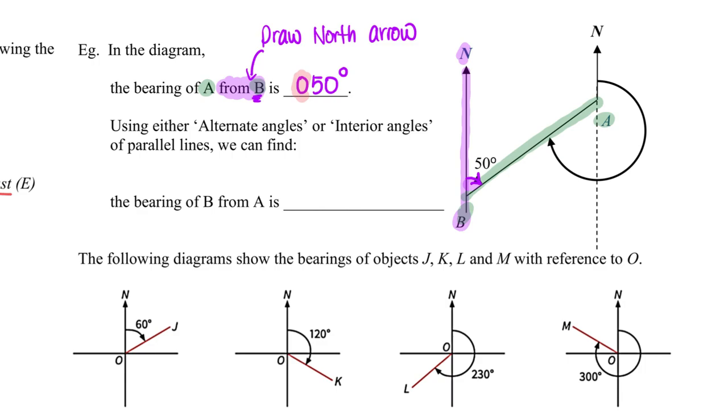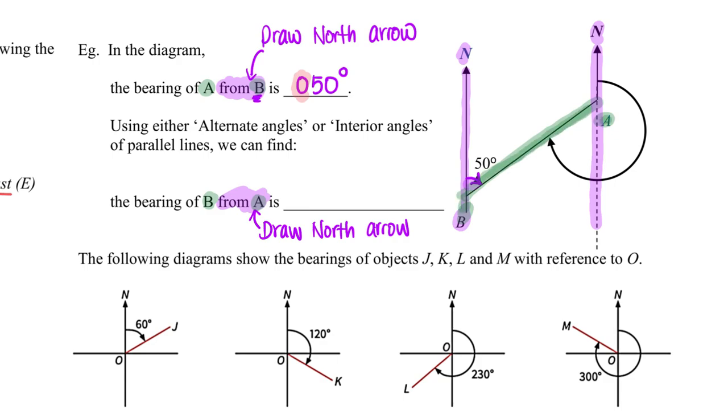And for the bearing of B from A, notice, if the bearing is going to be measured from A, then we will have to draw the north arrow at A. Again, A and B make the ending line.